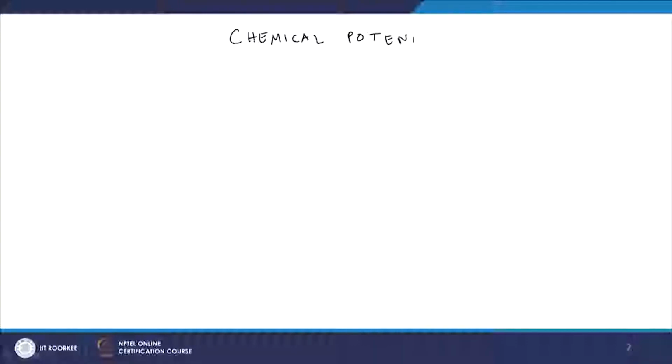So just to recall, chemical potential essentially refers to the change in energy if I add a molecule of any species into the system. That is my chemical potential. We talk in terms of the partial Gibbs energy, that is a derivative of the Gibbs energy with respect to the number of moles.